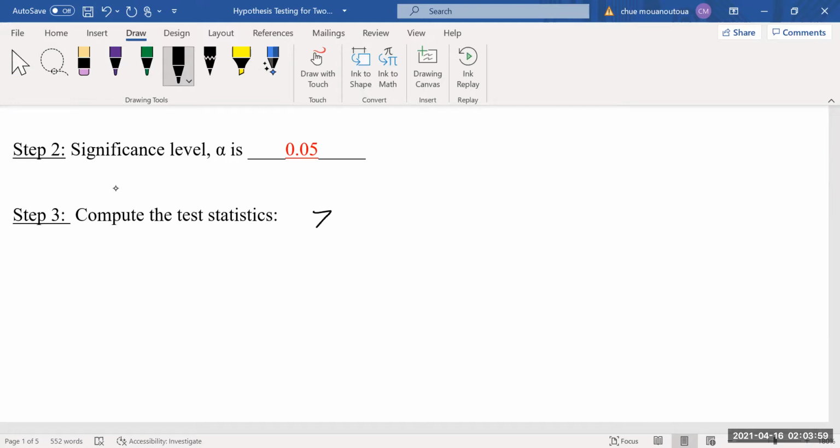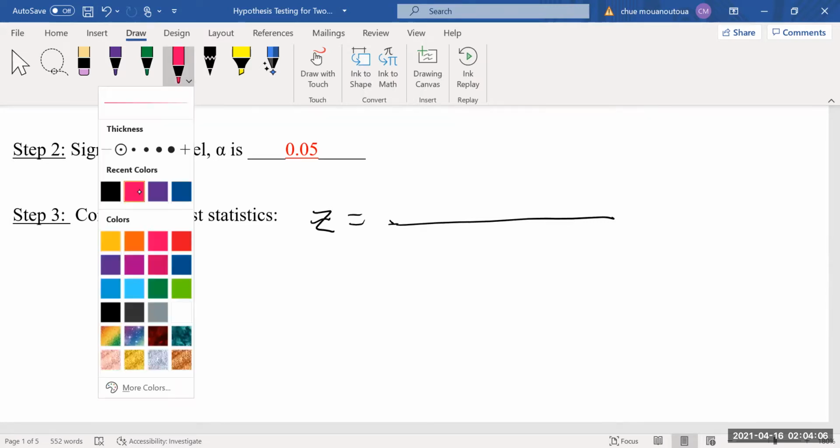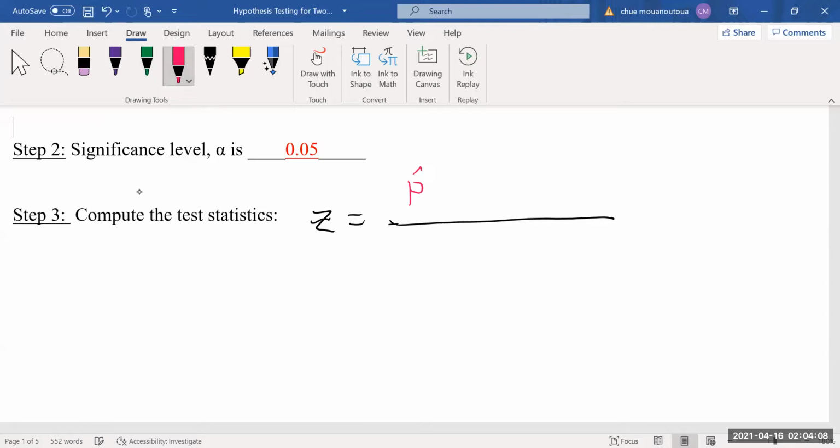So Z is P hat 1 minus P hat 2 minus P1 minus P2, divided by, I think the formula says square root.